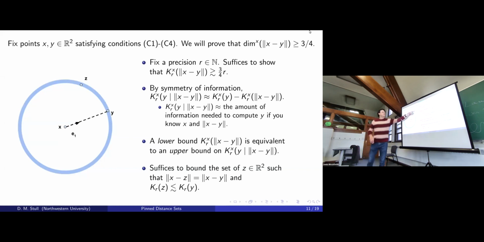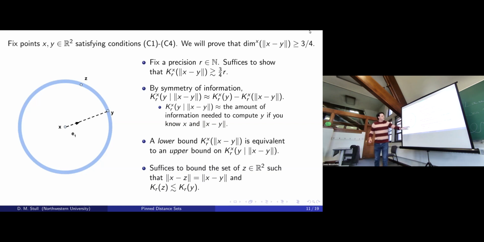By the symmetry of information, this lower bound is equivalent to an upper bound on the complexity of y given the distance between x and y. So I want to prove a lower bound on the complexity of the distance, which is equivalent to proving an upper bound on the complexity of y given the distance. If you think about this for a bit, this is the amount of information needed to compute y if you know x and you know the distance between x and y.